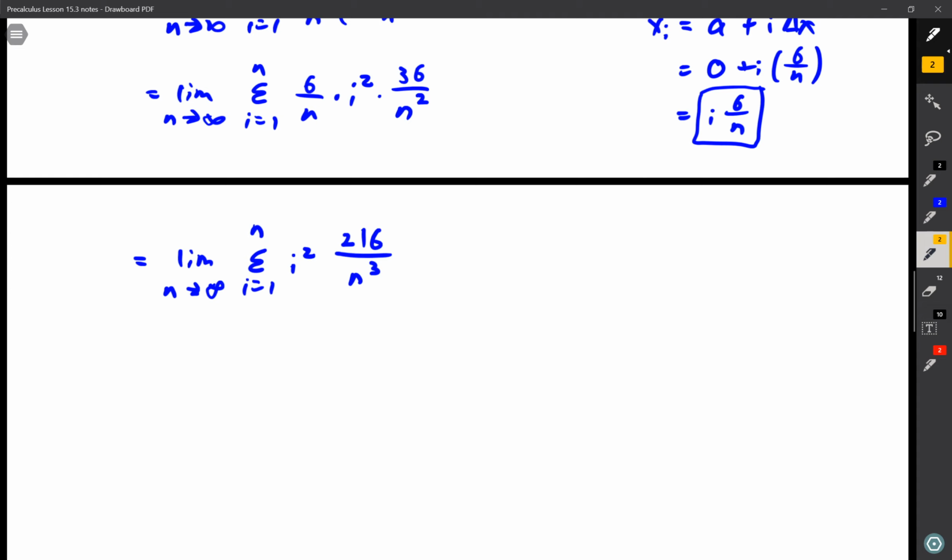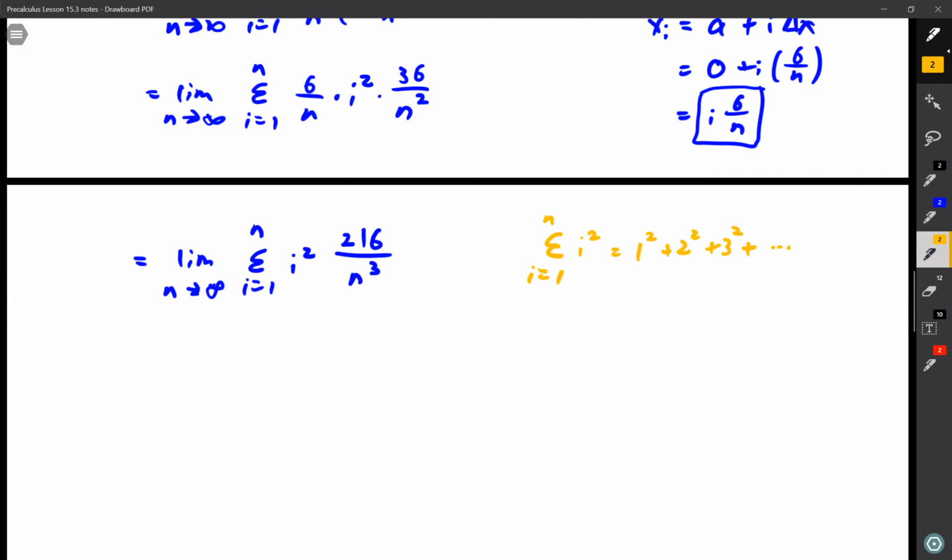So this part, the sum from i equals 1 to n of i squared, well, that's 1 squared plus 2 squared plus 3 squared plus ... And we actually have a formula for that, that kind of goes back to infinite sequences and series, or in this case, finite. We're pretending like it's finite. We're pretending that it stops at n, even though n is approaching infinity. That's what the limit is for.